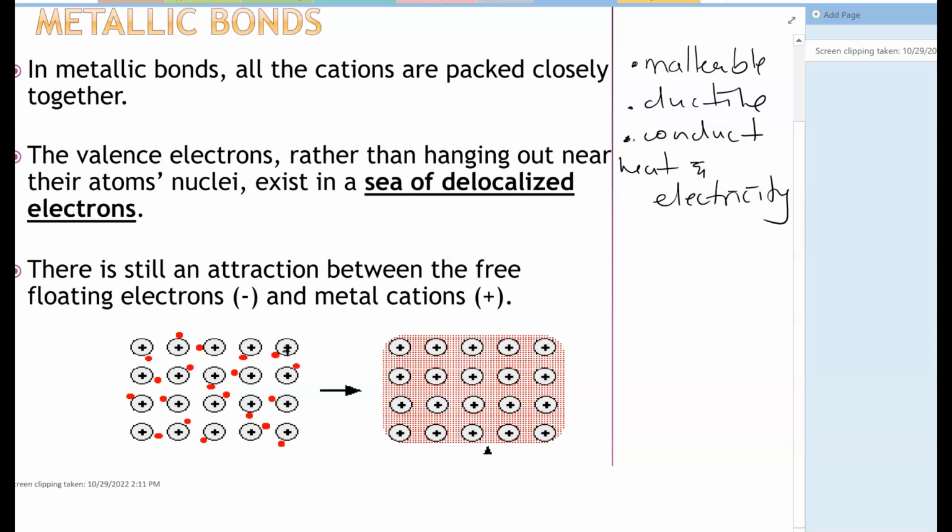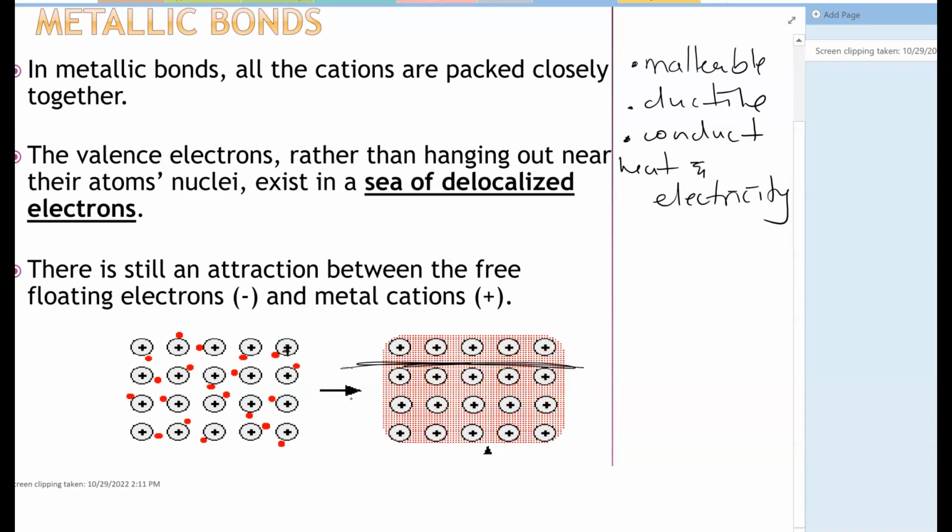So what makes them malleable? What gives it the ability to be hammered into thin sheets? That's malleability, by the way. It's because it's so easy for any of these atoms here to just slide past each other without a problem.